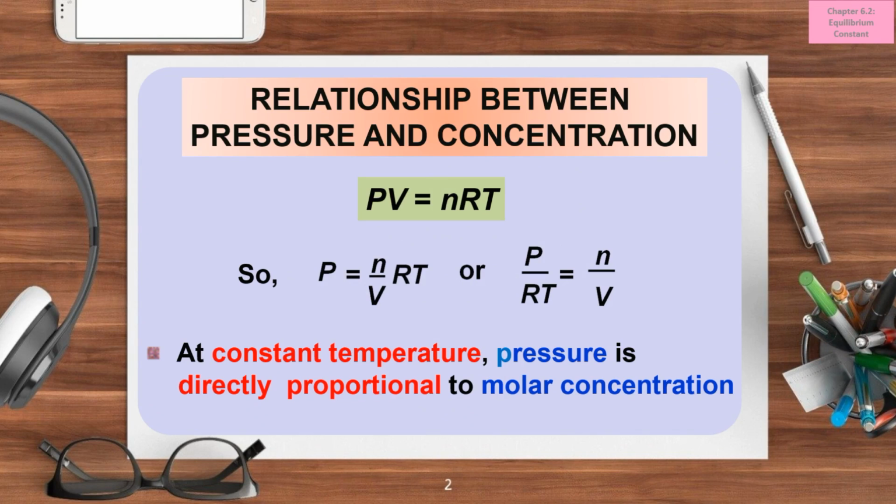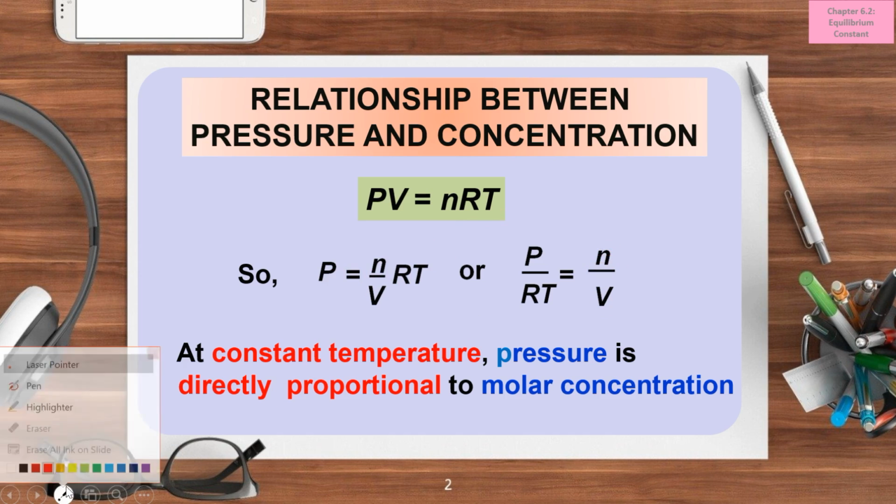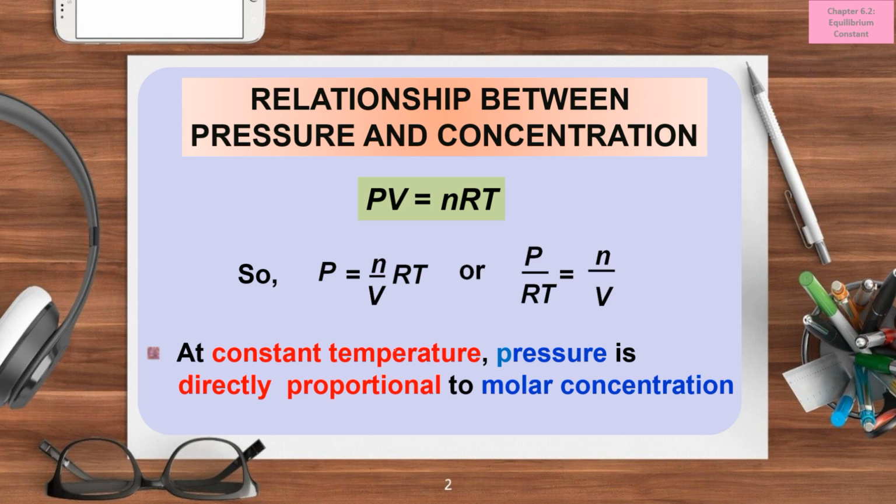So today I will discuss the relationship between pressure and concentration. We use the ideal gas equation PV = nRT, and rearrange it to P = (n/V)RT, where n is moles and V is volume, so n over V is the molarity.